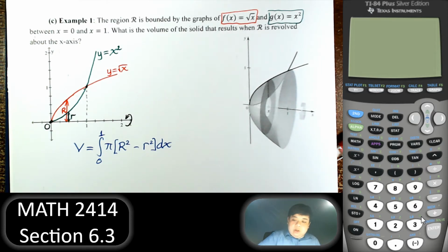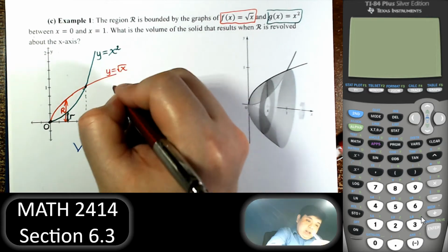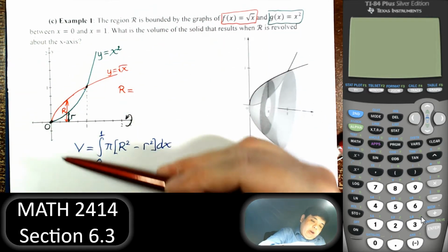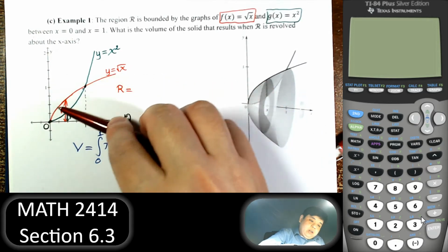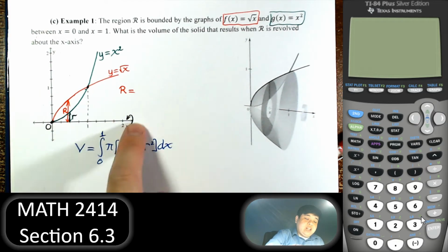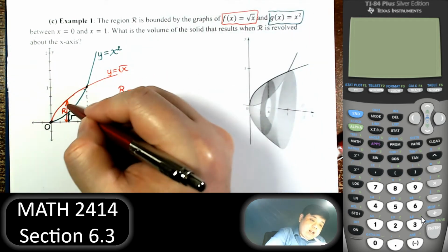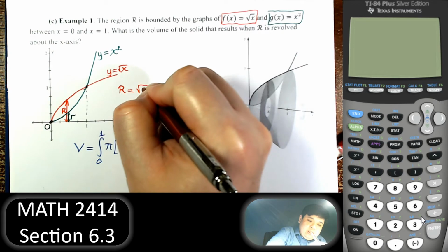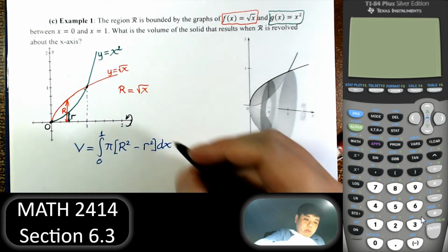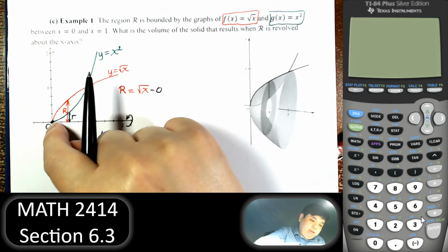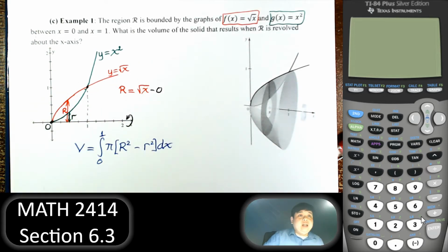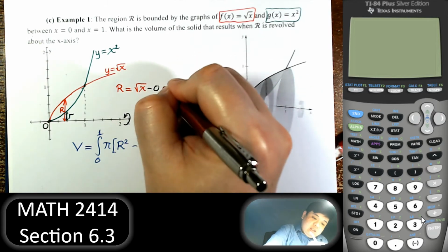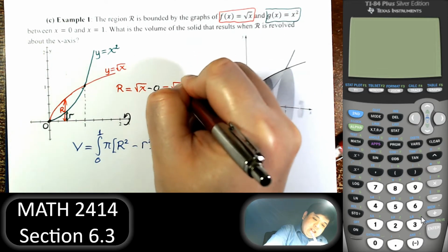Right. So the big radius, from the outer edge to the axis of rotation, we subtract: square root of x minus 0. It might look silly when we write minus 0, but it is the function above minus the function below. Later on, we might not have the graph rotate about the x-axis, but for now, just square root of x.